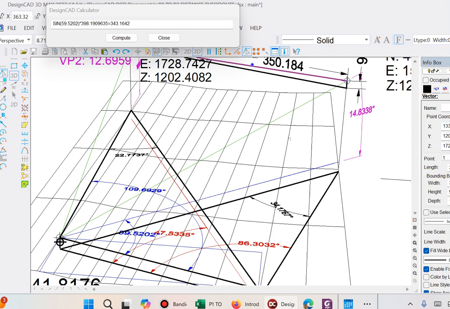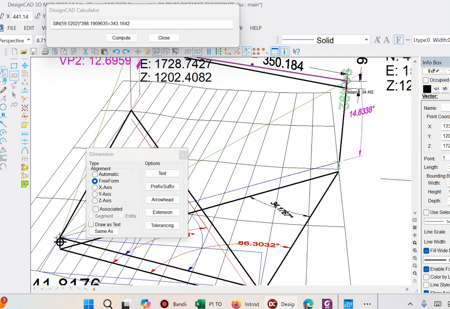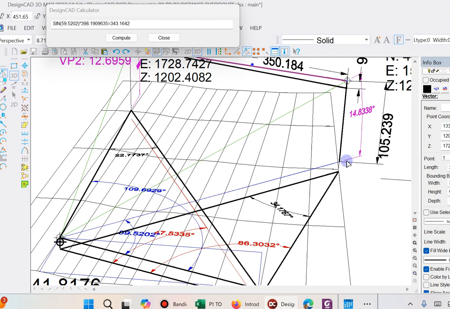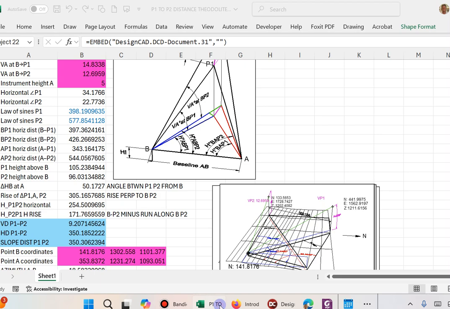Maybe I said it was 109. Oh, it's 105. So I think that's taking into account the height of the instrument. 105. Oh, I thought I said 109. So 105.